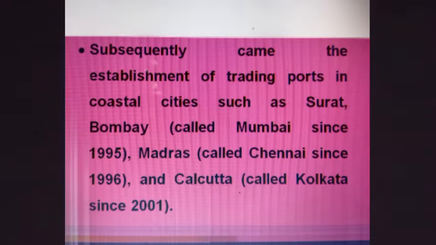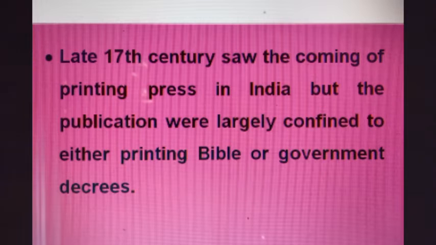So after the founding of the East India Company in 1600, the trading ports were established in the coastal cities of Surat, Bombay, Madras, Calcutta, etc.